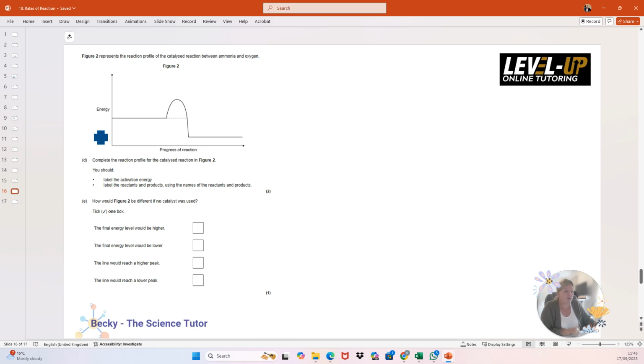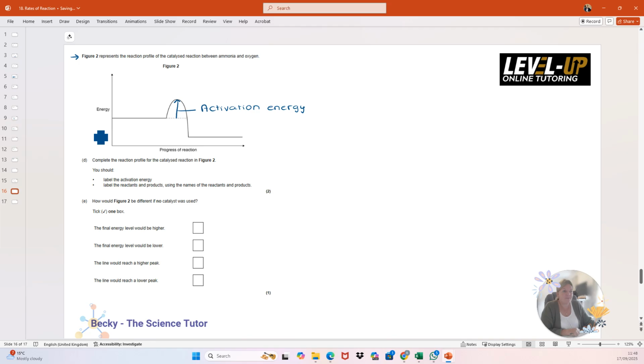So here we want to label the activation energy. So that is from our reactants up to the peak of that graph. So we label activation energy, and then we need to label the reactants and the products using the names of the reactants and products.